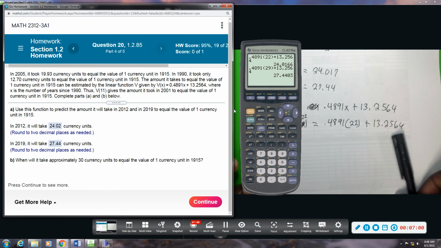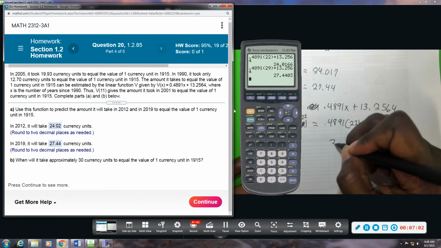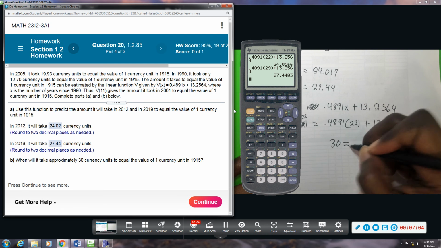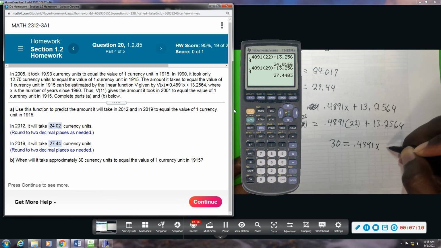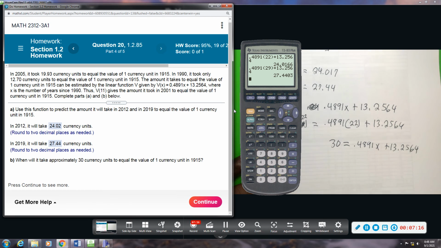If you were doing this by hand, you would plug a 30 over here as your answer: 30 equals 0.4891x plus 13.2564. You would subtract the 13 and then divide to get your answer.